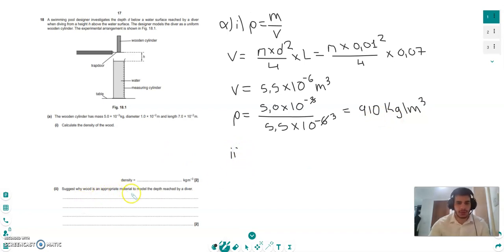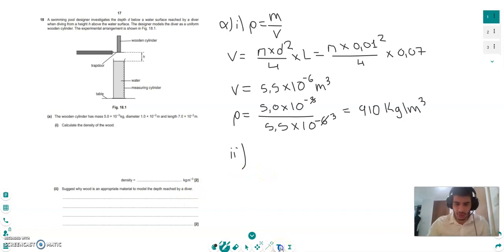Suggest why wood is an appropriate material to model the depth reached by a diver. So what you need to think here is that you have to find a way to compare wood with a diver, so eventually a human body.